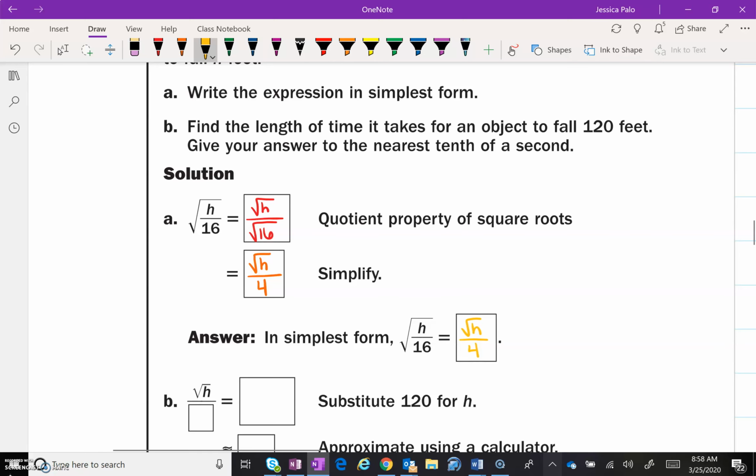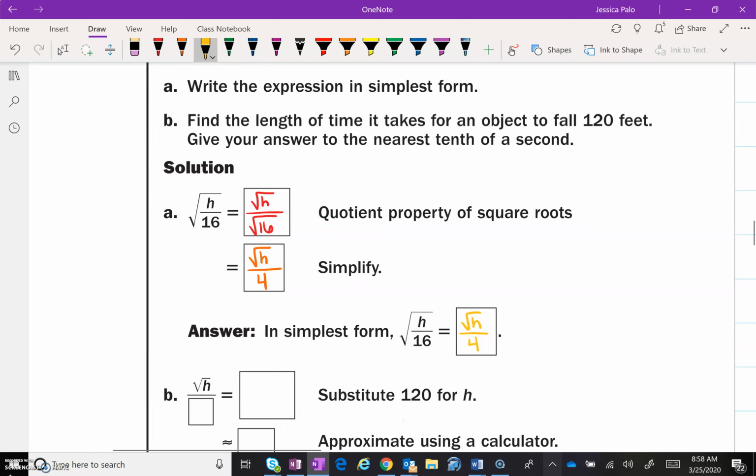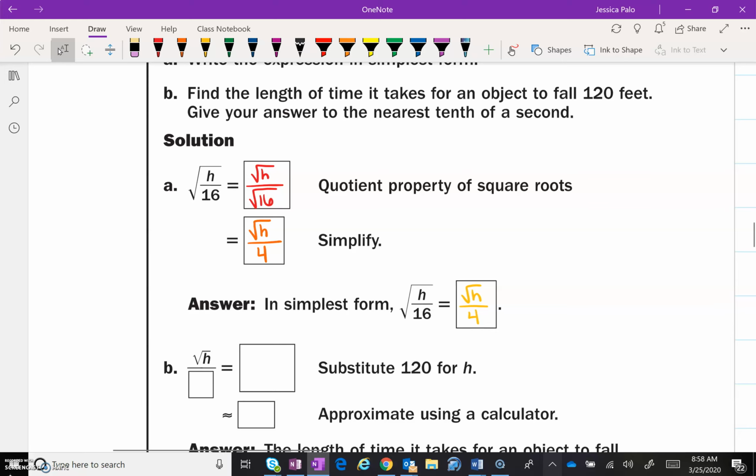So now we are going to use this information and substitute 120 for h, because we want to see how long it takes an object to fall 120 feet. So we would plug in 120 for h, because 120 is the starting height and h is the variable representing height.